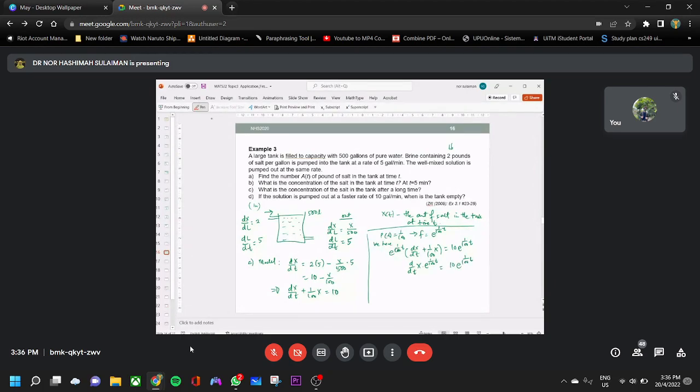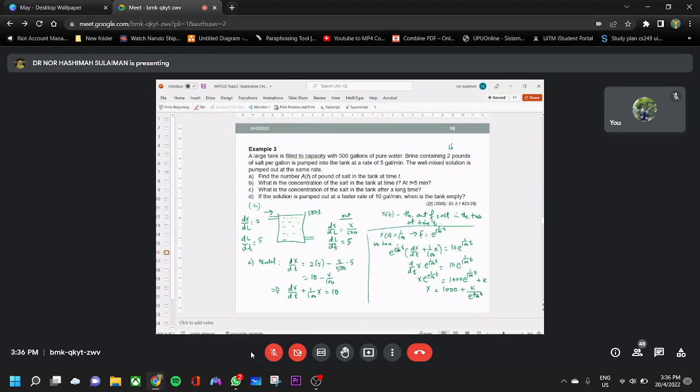Okay. Alright, so integrate both sides, you get x e to the power of 1 over 100 t equals to ni berapa ni kalau you integrate kan, ni dapat apa? Betul. Okay. So your x becomes what? Plus k over e to the power of 1 over 100 t. Are you all with me? Yes.